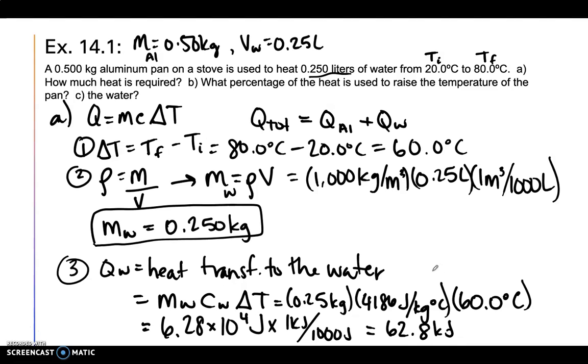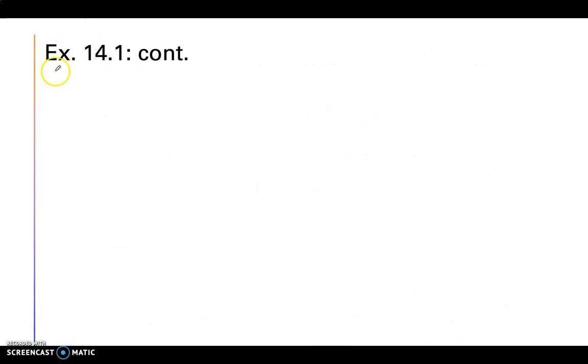Now I'm going to go to a second page and continue the problem. So we want to now find, I'm going to put step 4, find the heat transfer to the aluminum.